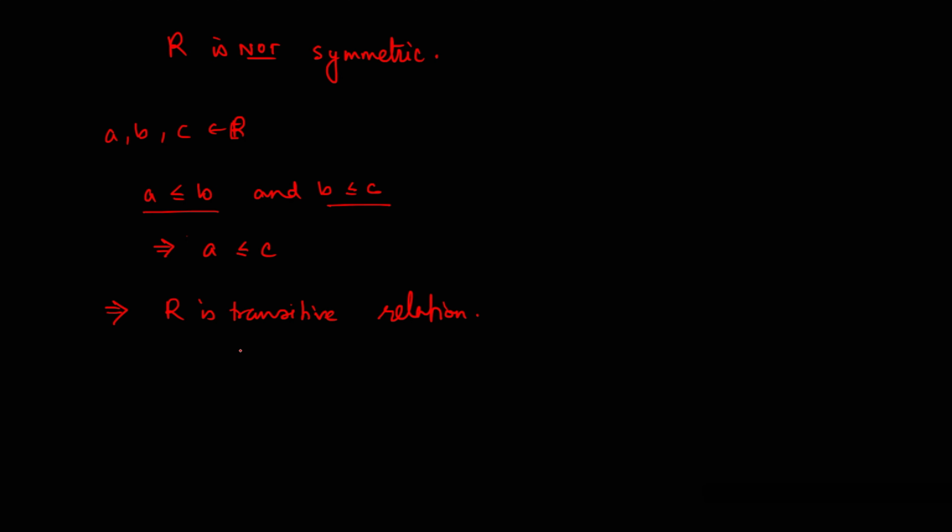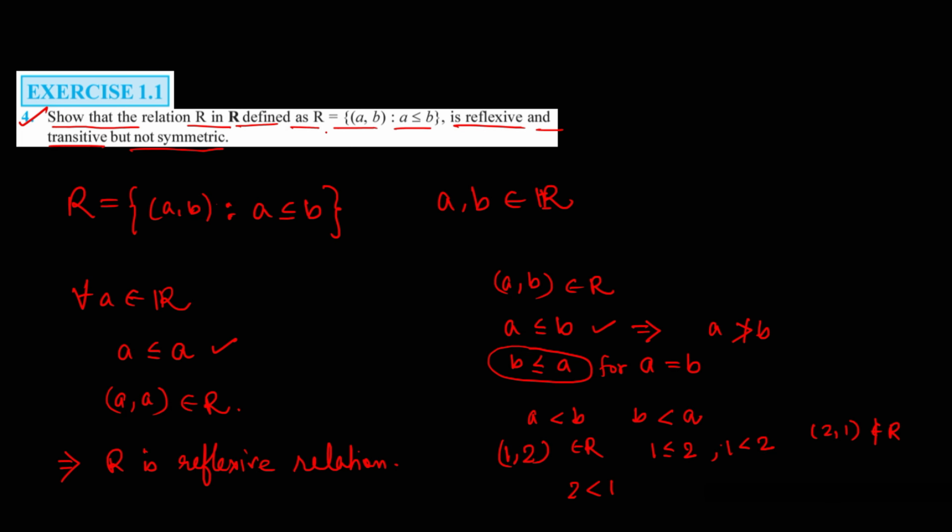You can easily check. So we have proved that this relation R, defined as a is less than or equal to b, is reflexive and transitive but not symmetric. Okay, so next, problem 5.